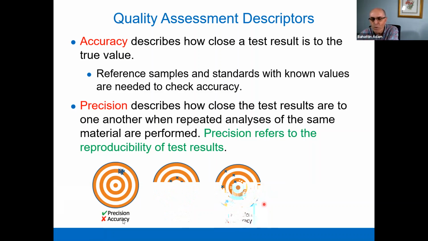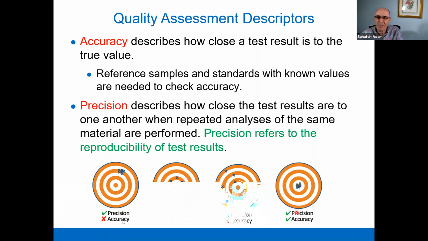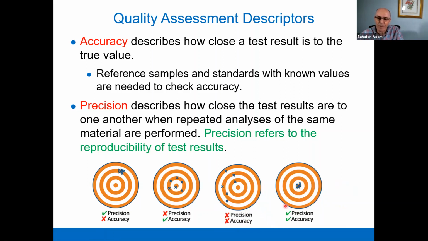What we need to obtain, if we have both precise and accurate results, is perfect. Now they are close to each other, so precision is okay, and they are also close to the target value, so accuracy is perfect. If you obtain the test results precisely and accurately, that's fine.